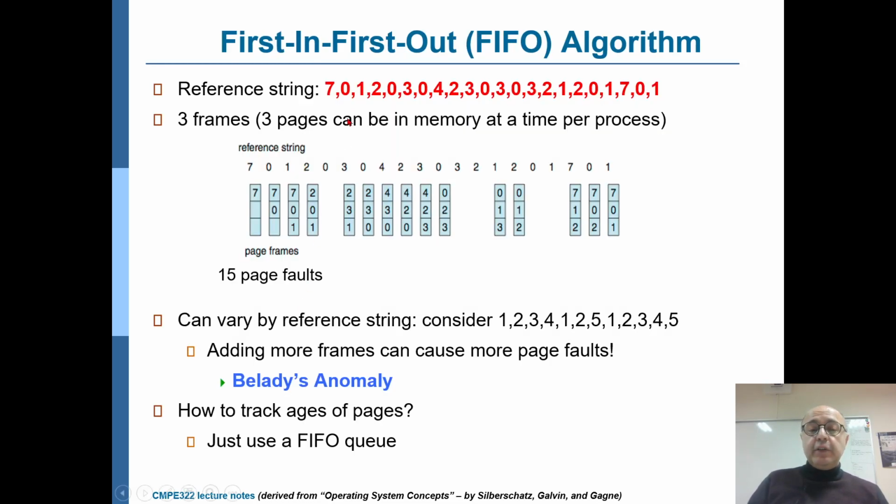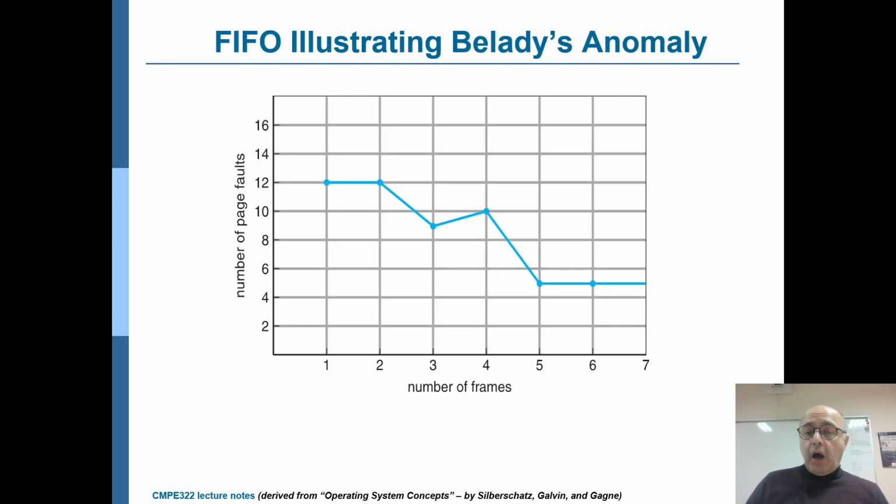For example, instead of 3 available slots here, if I had, let's say, 6 available slots, I would be expecting fewer page faults, right? However, when you try that, you will see that with FIFO, you experience what we call Belady's anomaly.